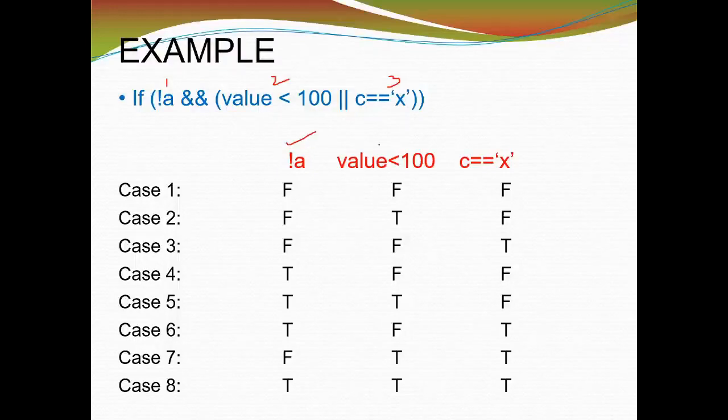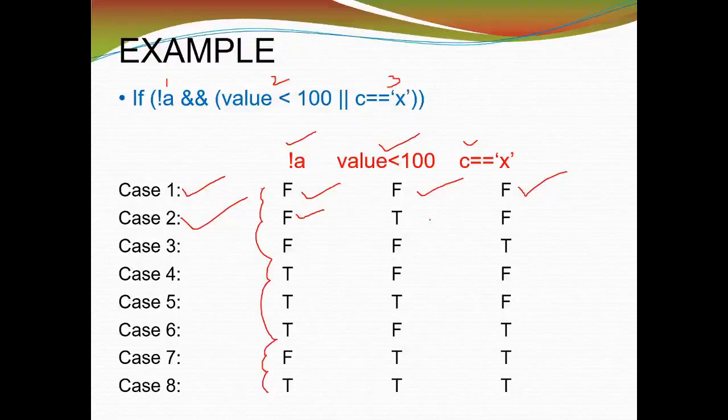So each possible path has to be different from the others. In test case 1, you take such values that the first condition is false, the second condition is false and the third condition is false. For the second test case, you take such values that the first condition is false, the second condition is true and the third condition is false. In the third test case, you take such values that the first condition is false, the second condition is false and the third condition is true.